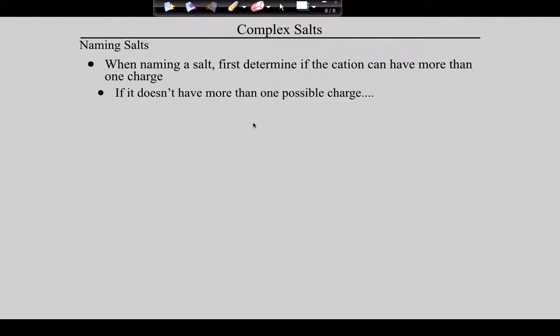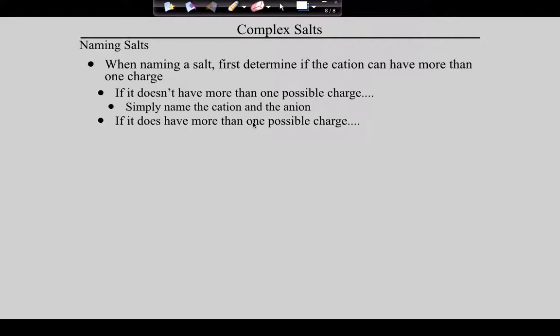If the positive ion doesn't have more than one charge, which is a weird way of saying it's only got one charge, so if the positive ion doesn't have more than one possible charge, just name the salt and you're done. It's that simple.